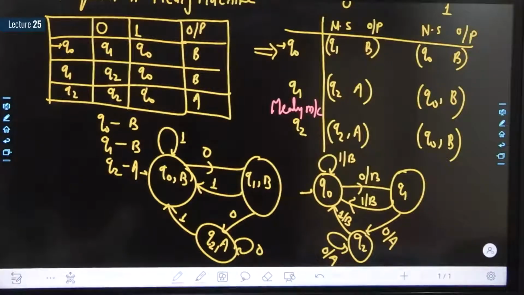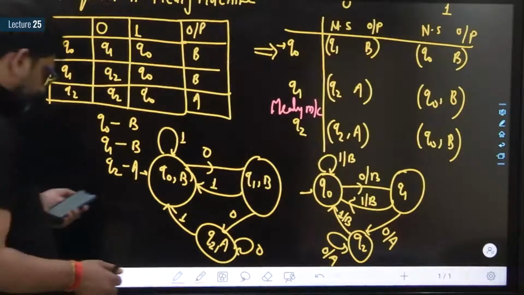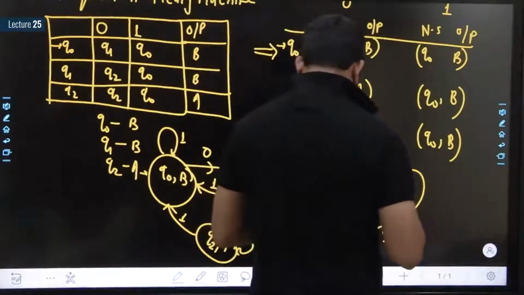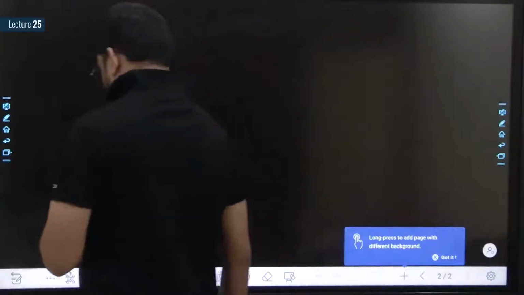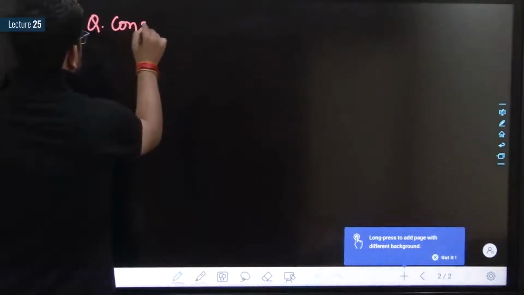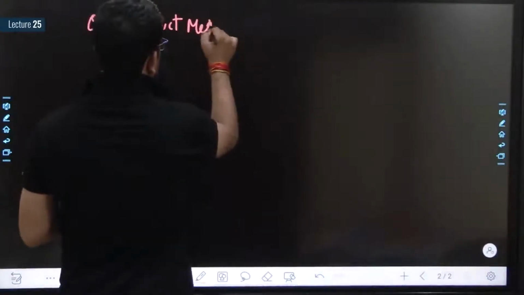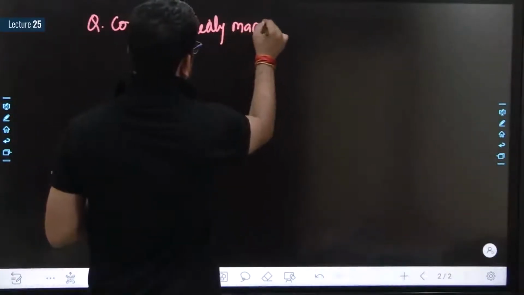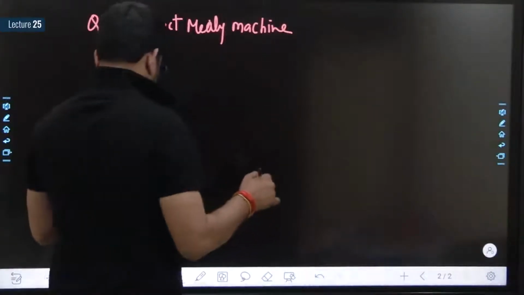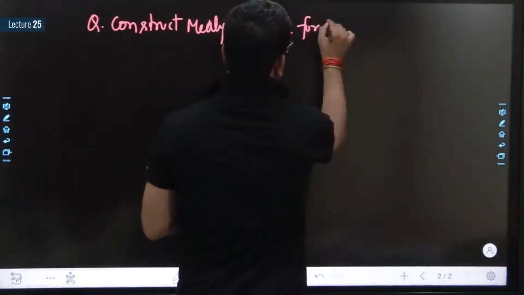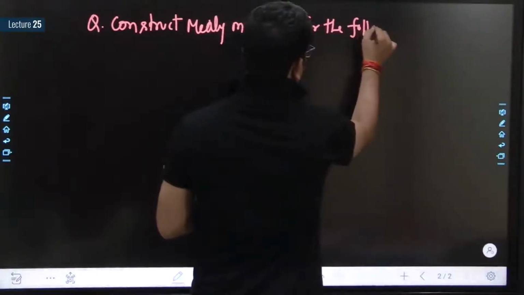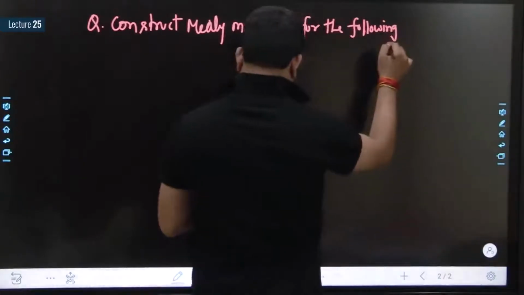Done? See the next question. Construct a Mealy machine for the following Mealy machine.